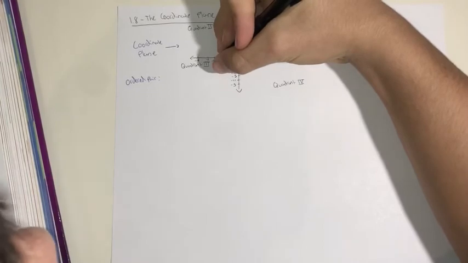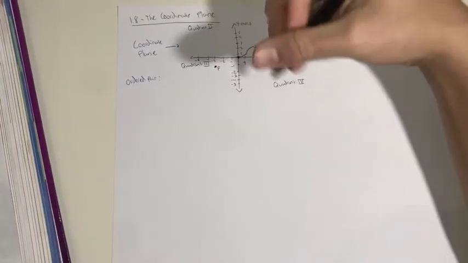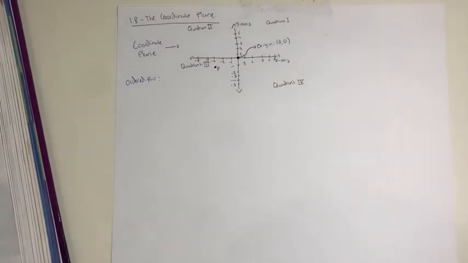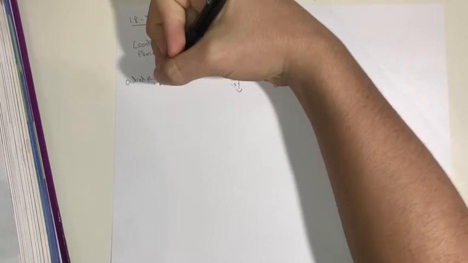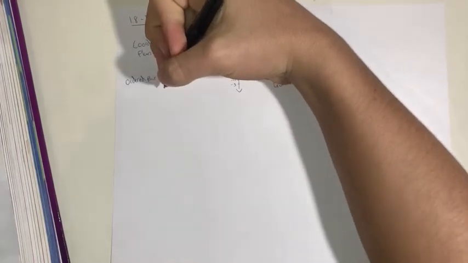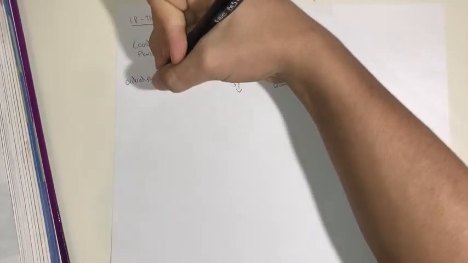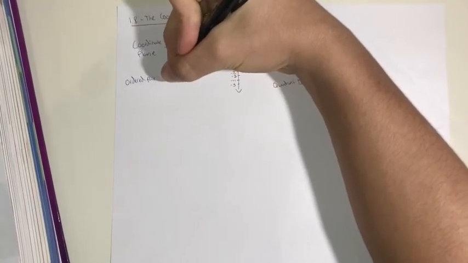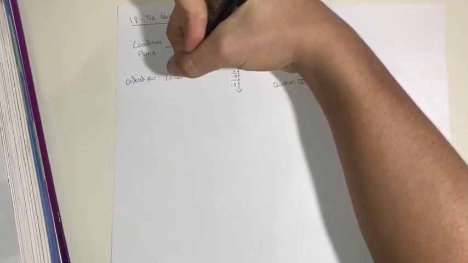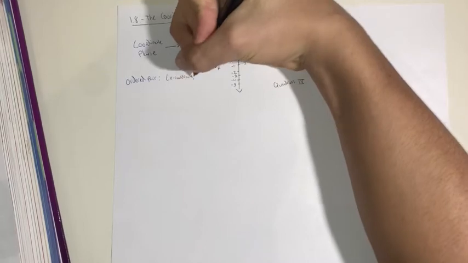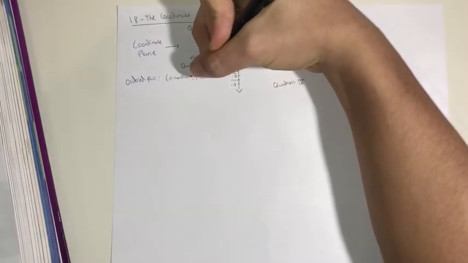An ordered pair is a point in the coordinate plane that you write down where the first number is the x-coordinate and the second number is the y-coordinate.